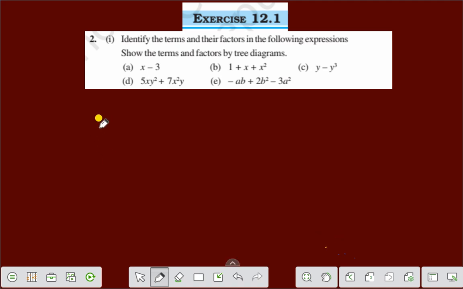Here, identify the terms and their factors in the following expressions. So, the terms and factors by tree diagram, right? Let us show. Suppose question number 1a.